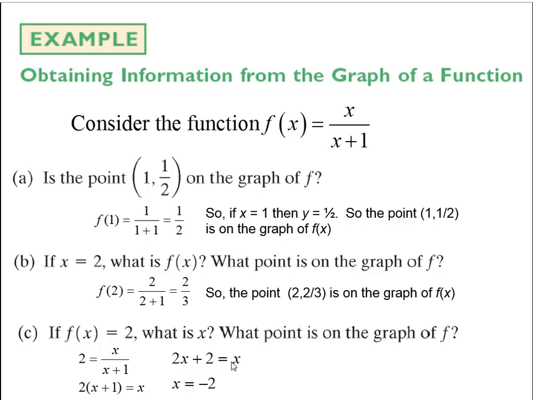And then I'm going to subtract this x to this side. 2x minus x gives me the 1x. And then I'm going to subtract this 2 to the other side, and I get the negative 2. So I get x equals negative 2. So basically this is saying if the y is equal to 2, then the corresponding x must have been negative 2.